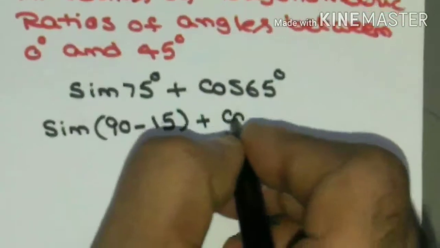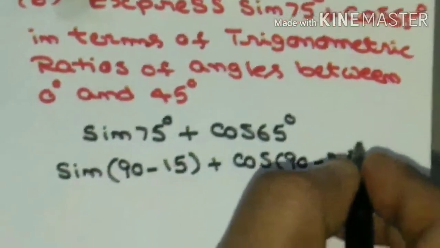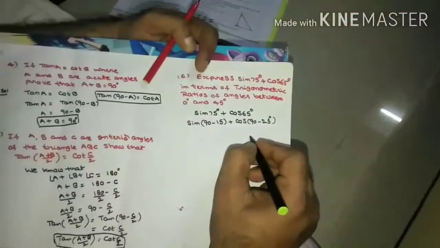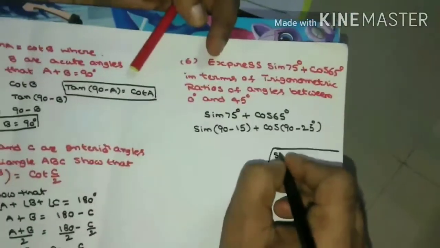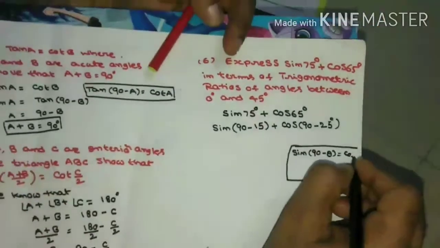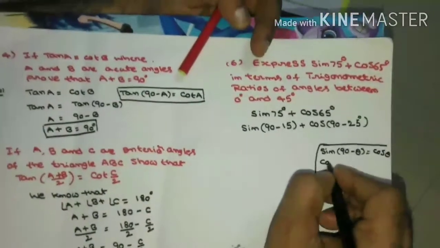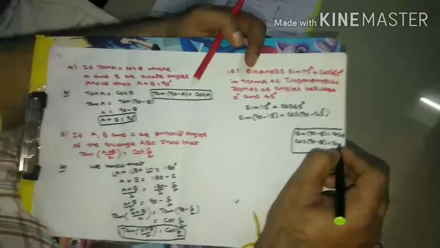This cos 65 is 90 minus 25 degrees. Last class I already explained, once again I will explain: sin of 90 minus theta equals cos theta, cos of 90 minus theta equals sin theta.